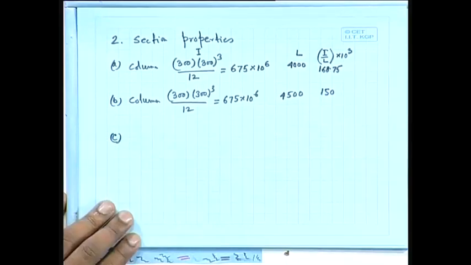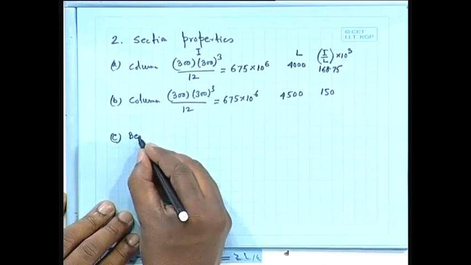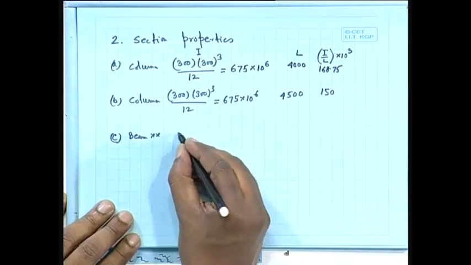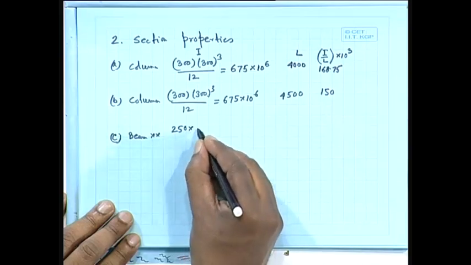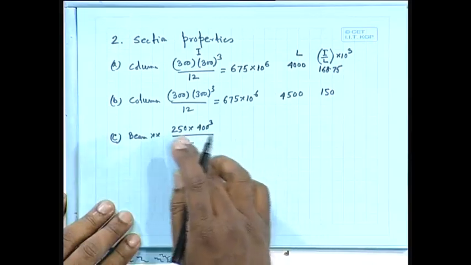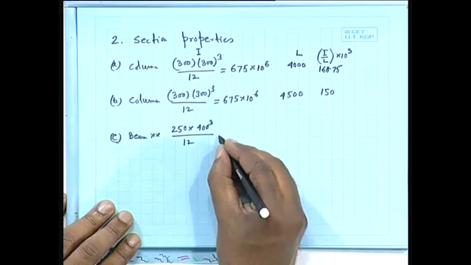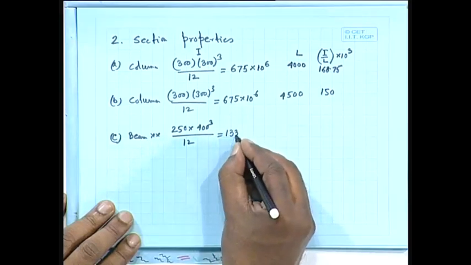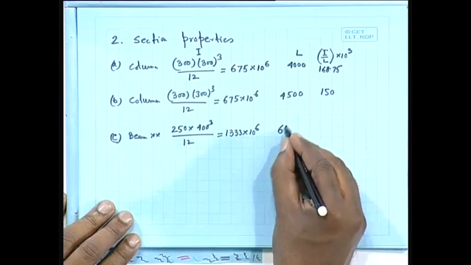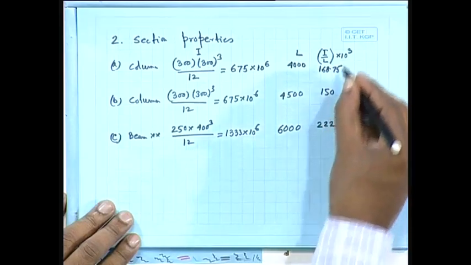C, that is your beam, say XX, in the XX line, that is 250 into 400 cube by 12, that is along one axis. That is 250 into 400, 250 the width and 400 the overall depth, and this one comes as 1333 into 10 to the power 6, length is here 6000, 6 meter, and we get it here 222 into 10 to the power 3.